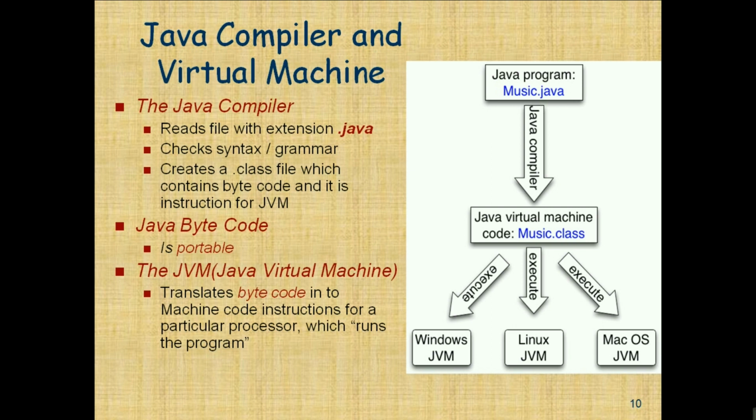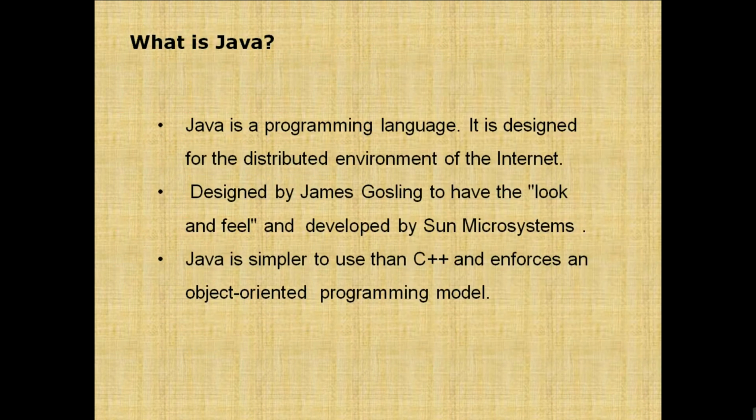Since every machine or processor like Intel or AMD processor may have different instructions for doing the same thing, it's left to the JVM to translate bytecode into machine code instructions, and in this way Java achieves platform independence. I hope you agree on this. What is Java? Java is a programming language. It is designed for the distributed environment of the internet, right?